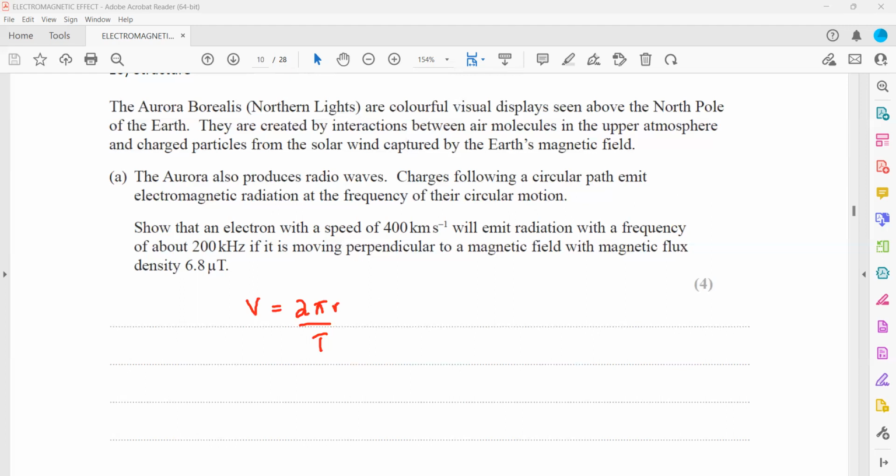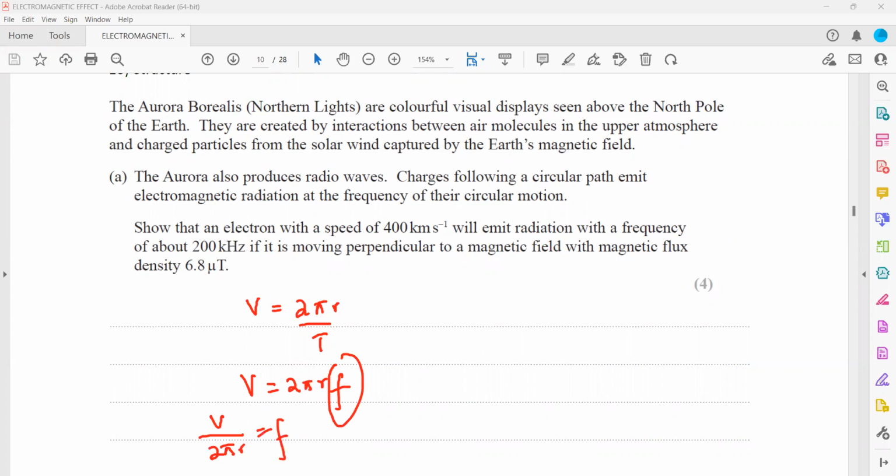So we can say v equals 2 pi r divided by t. And time period is actually the reciprocal of the frequency. So we can say v equals 2 pi r times f. So if we need f, it will be equal to v divided by 2 pi r.